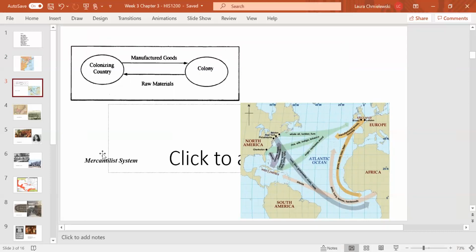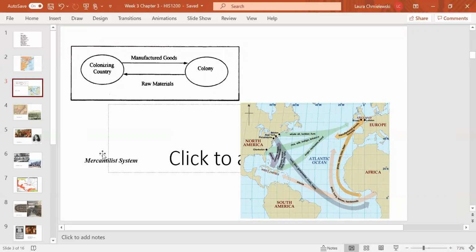Mercantilism is the philosophical idea of keeping as many goods as you need to create a strong society within the borders of that society, or within the sphere of influence of that society.